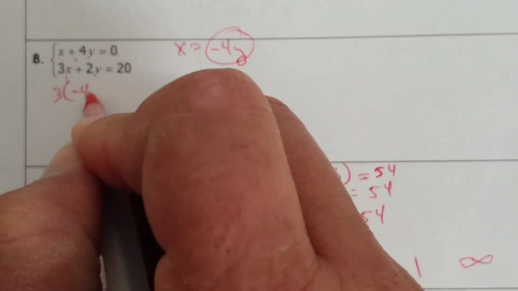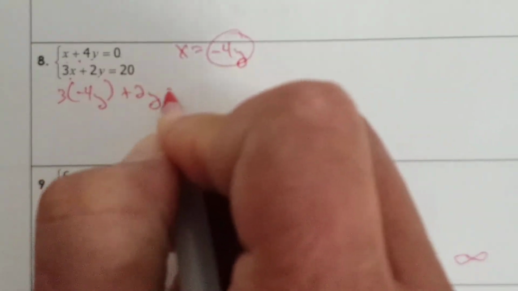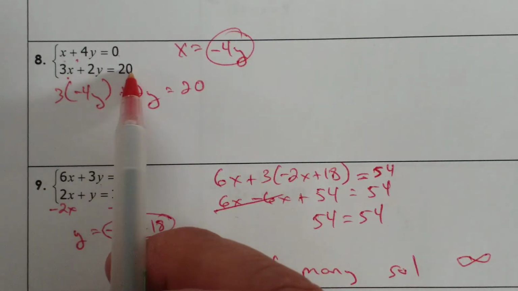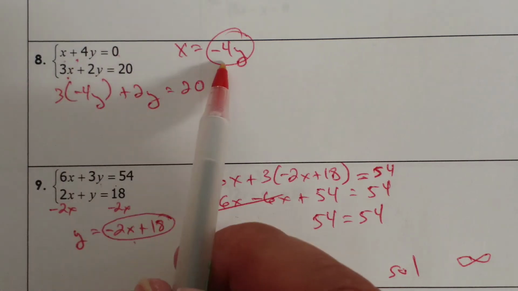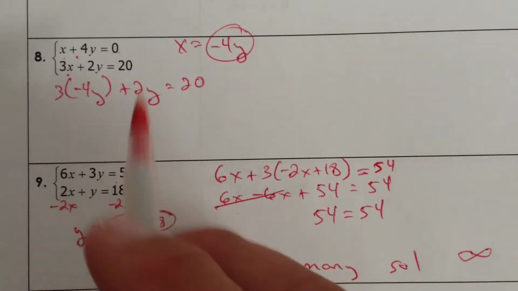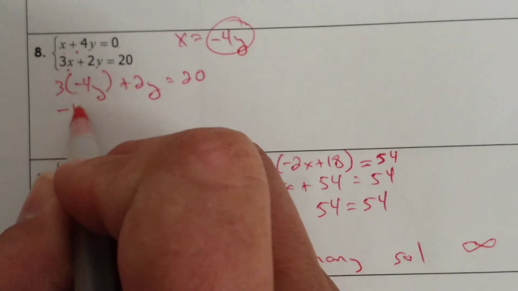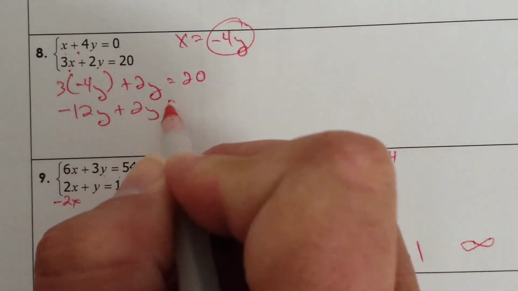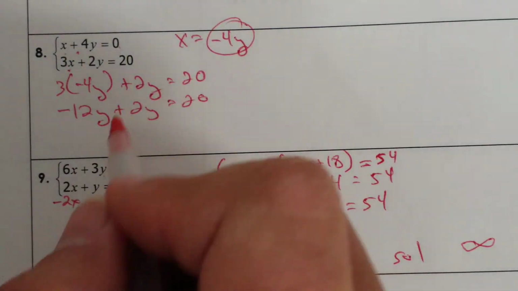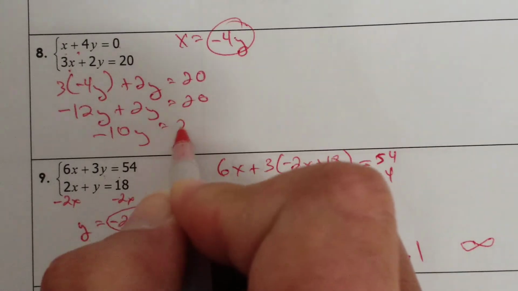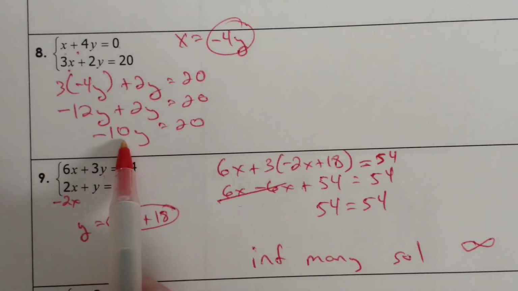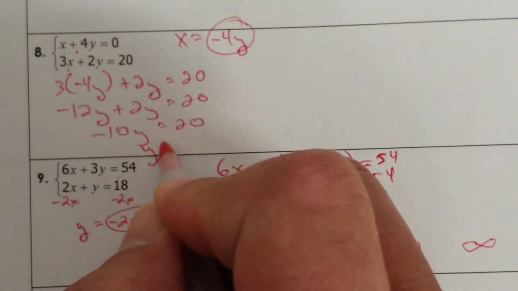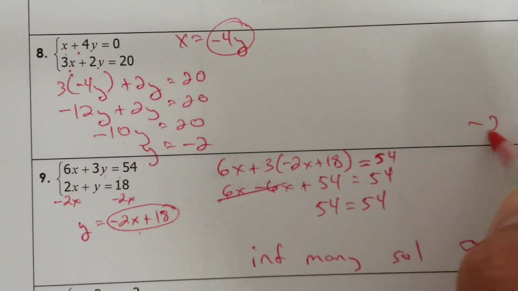So 3 times negative 4y. So all I've done is rewrite this second equation, but I'm replacing x with negative 4y. And now I can solve this. Multiply here, that's negative 12y plus 2y equals 20. Add these together to get negative 10y equals 20. And then when you divide by negative 10, you get y equals negative 2.